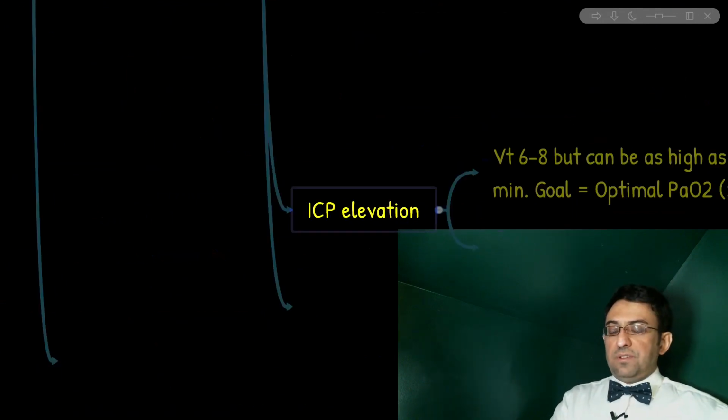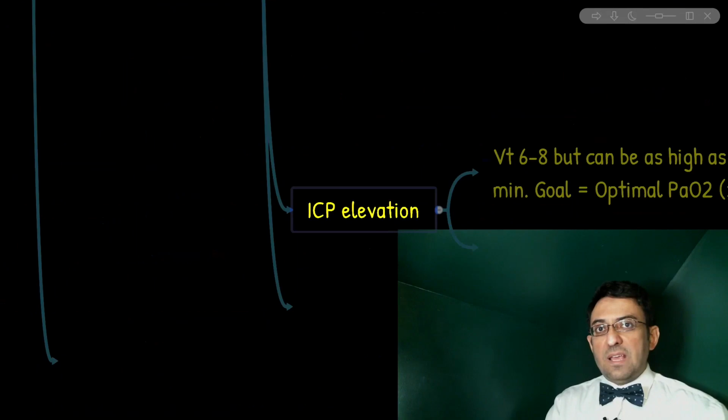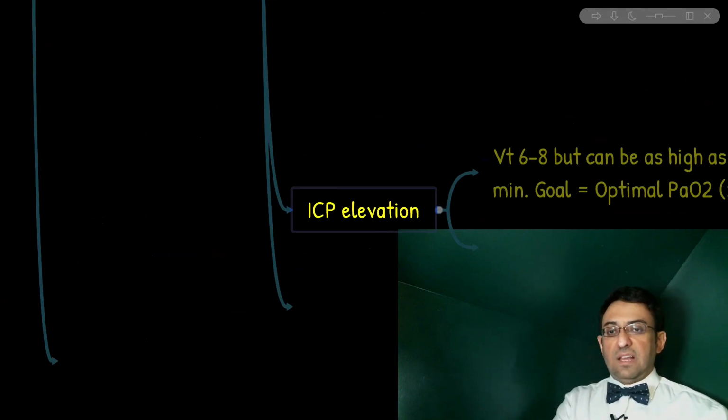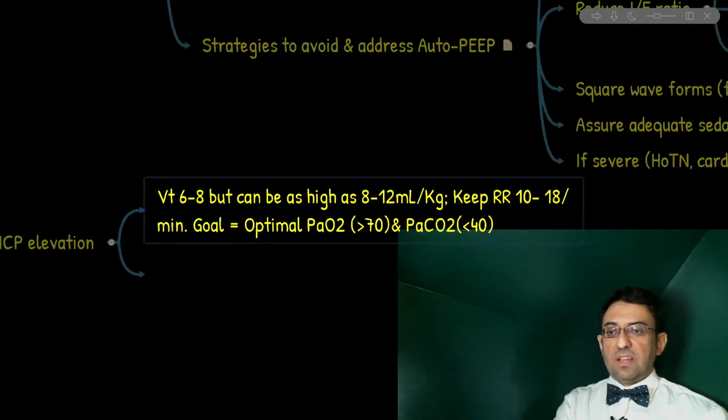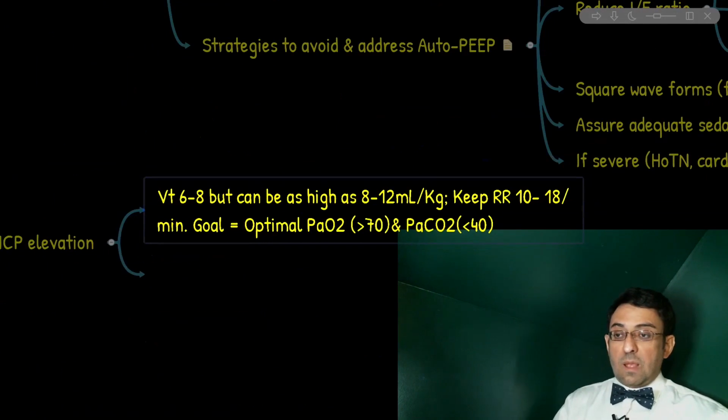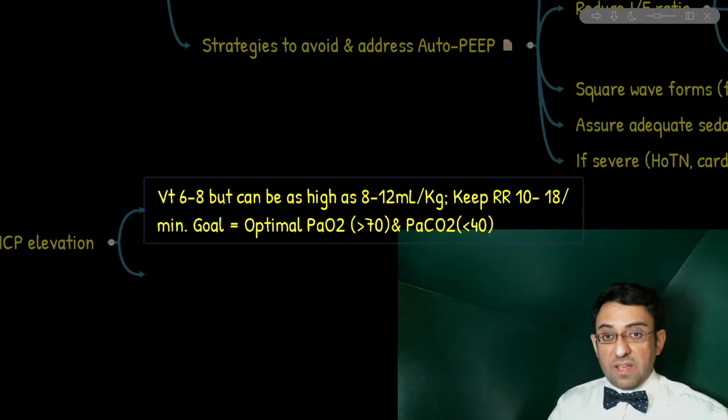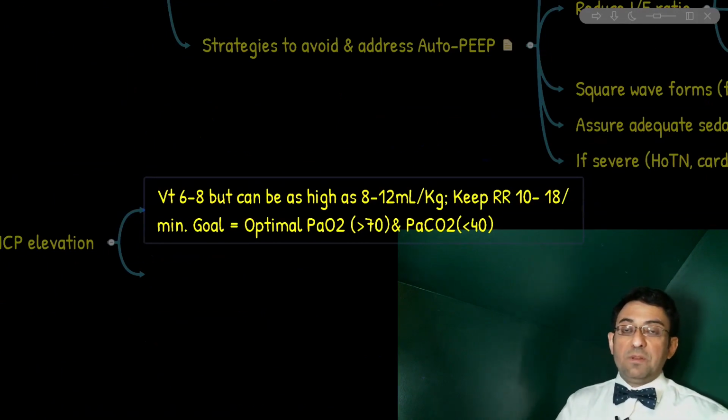The final scenario is a patient with ICP elevation connected to a ventilator. What are the recommended settings? Remember, in patients with increased intracranial pressure, we need to avoid hypercapnia because cerebral vasodilation secondary to hypercapnia can worsen ICP elevation.